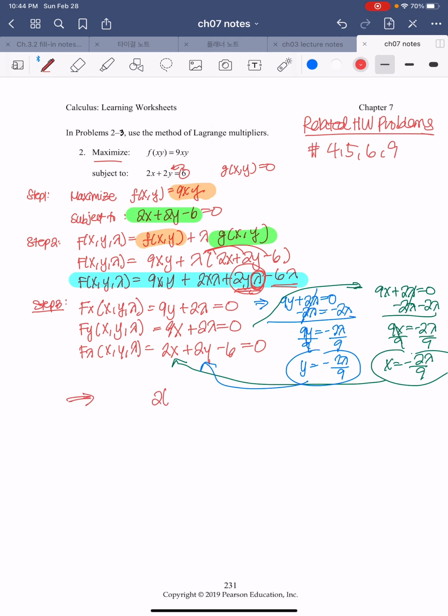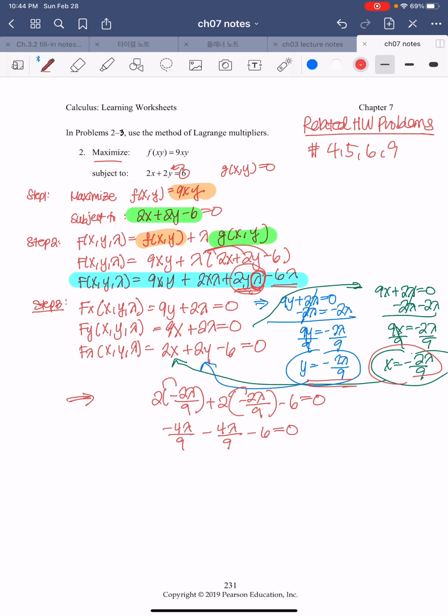So 2 times x, which is -2 lambda over 9, plus 2 times y, negative 2 lambda over 9, minus 6 equals 0. Distributing, negative 4 lambda over 9 minus 6 equals 0.